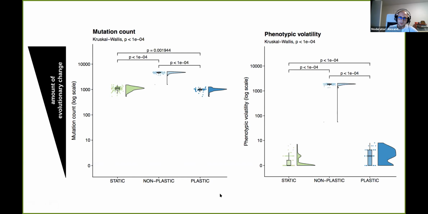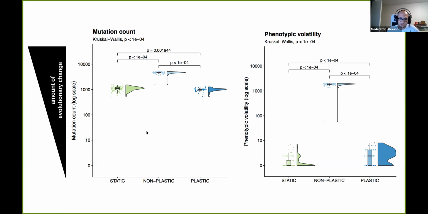When we look at the data, we see a pretty clear signal that the non-plastic lineages are accumulating many more mutations, and we're seeing many more phenotypic changes along those lineages than in the static or in the plastic lineages. Just note that this is on a log scale, so even this tiny distance is actually pretty huge.